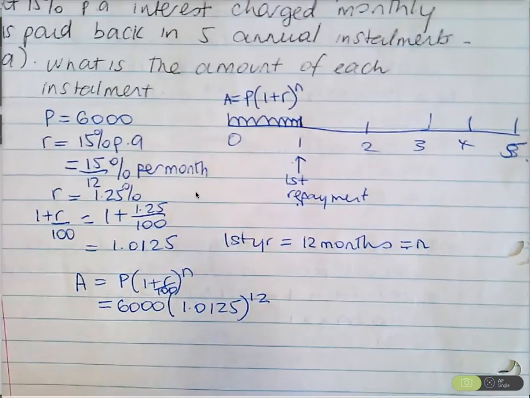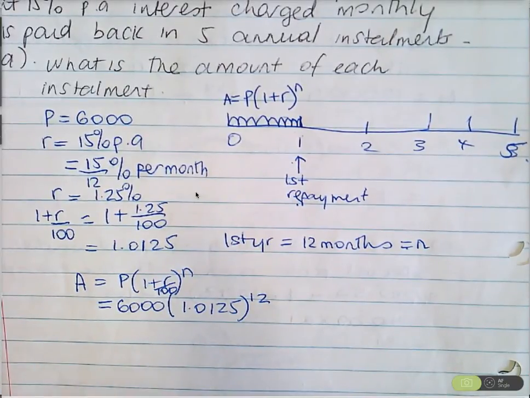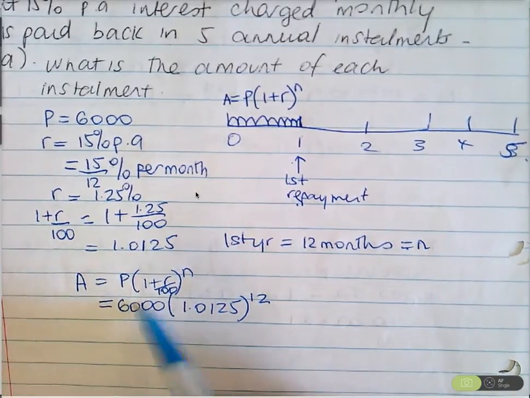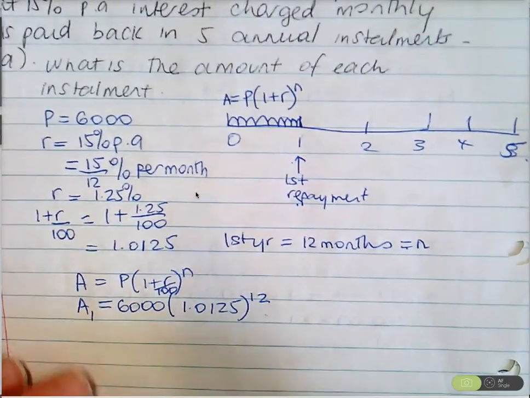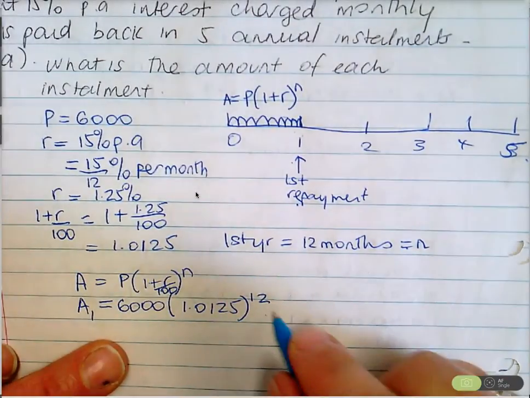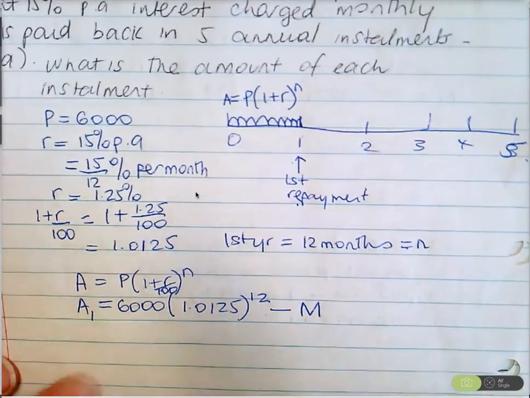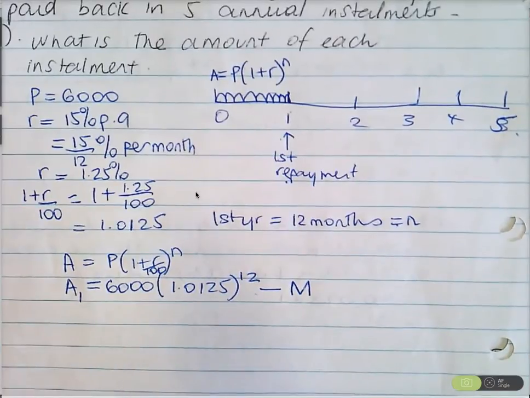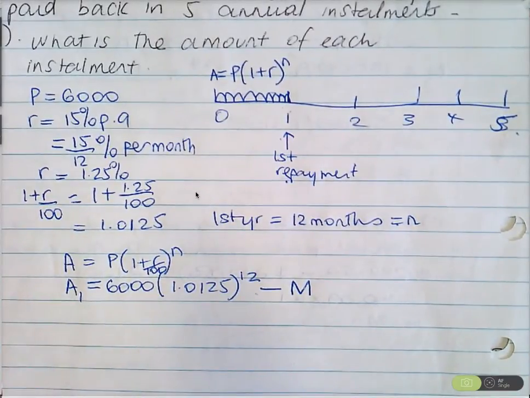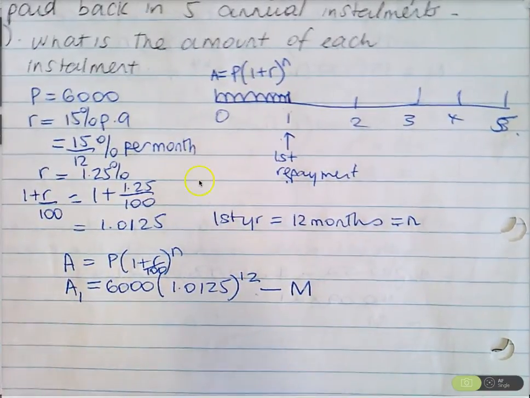That is what your money grows to. You get charged interest for the first year, and the amount that you will owe at the end of the first year will be this, but then what do I have to do? Amount owing at the end of the first period is that minus my first repayment. Okay? So girls, you've got to be really careful with that. The interest is compounded for a whole year and then the first repayment is made.